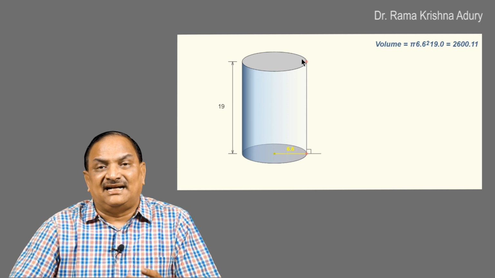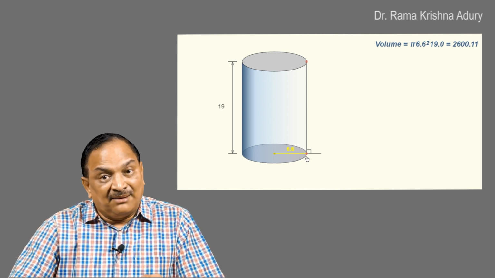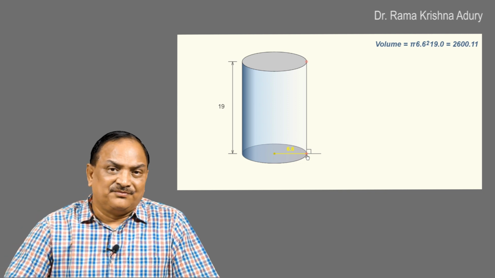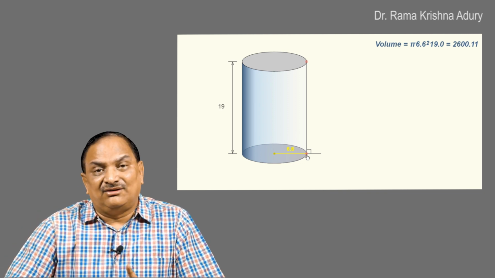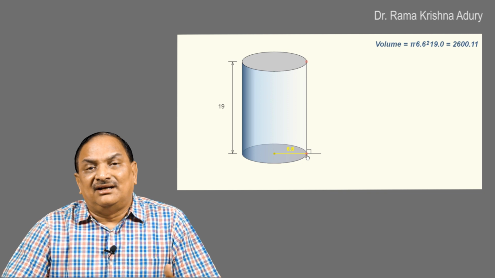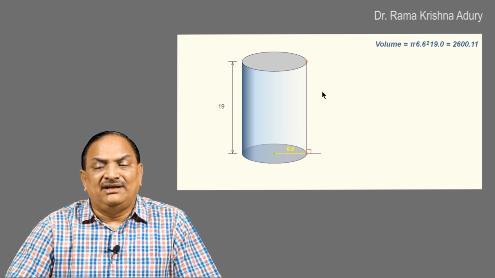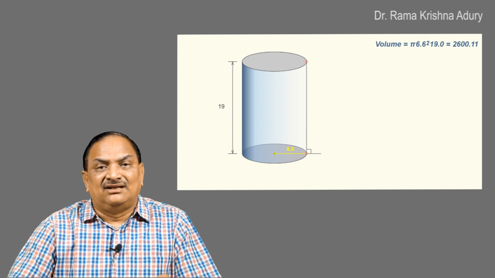But understand that if you double the radius, the volume becomes 4 times the previous volume, whereas if you double the height, the volume becomes only double the previous value. This is how the volume is influenced by its dimensions, radius and height.